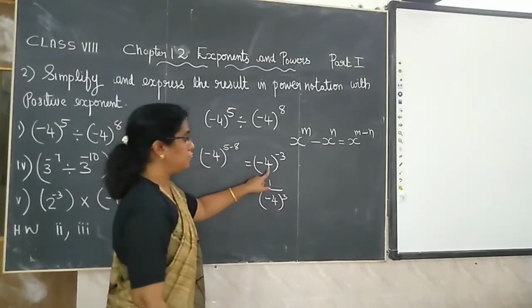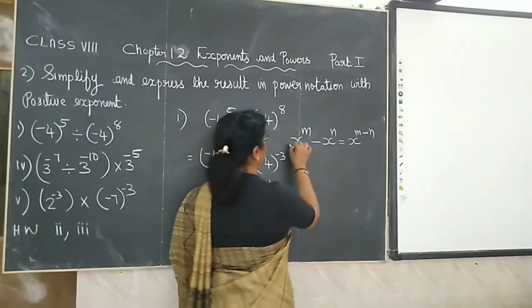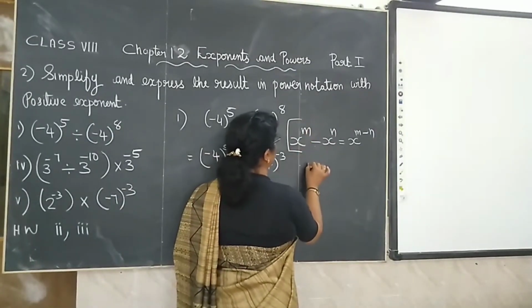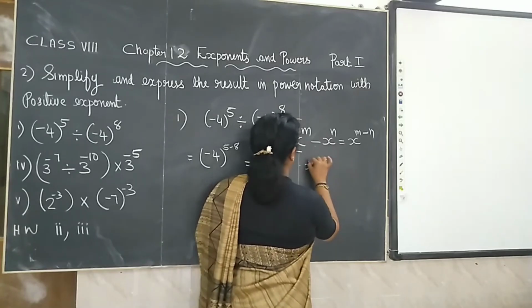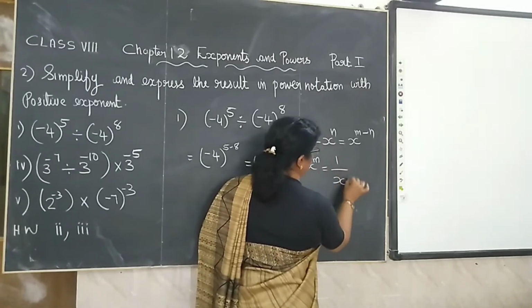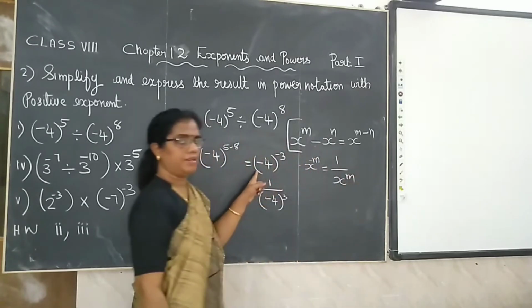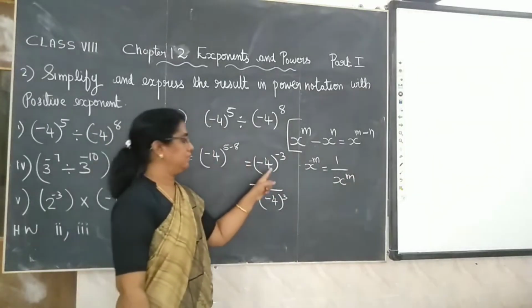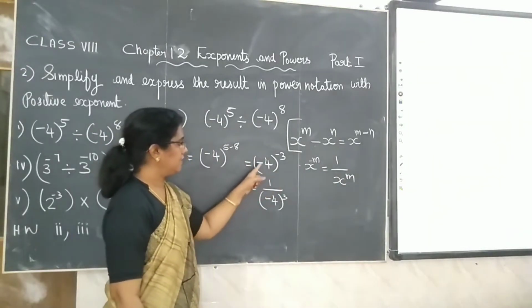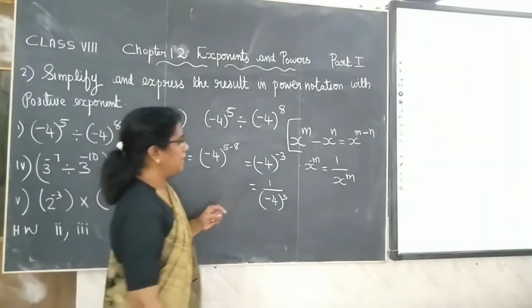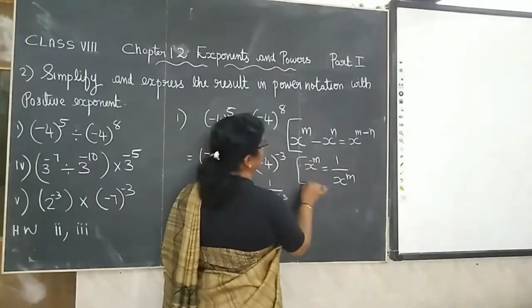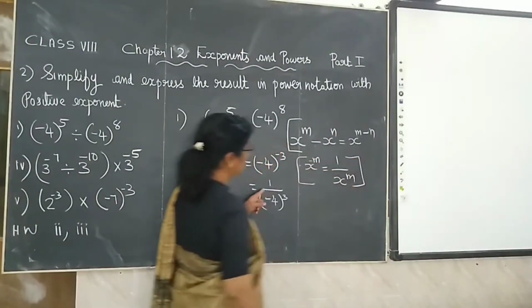Because x raised to minus m is equal to 1 by x raised to m. We are applying this law of exponents here.